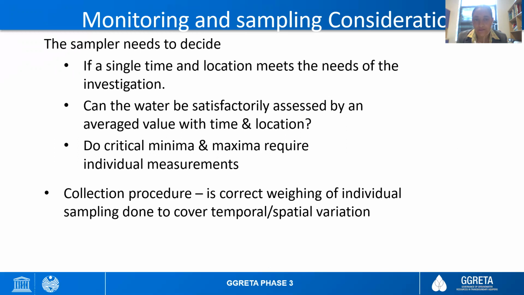Do critical minima and maxima require individual measurements? Is your collection procedure correct? Is it the correct weighing of individual sampling done to cover your temporal and spatial variation? All of these need to be considered by your sampler out in the field.